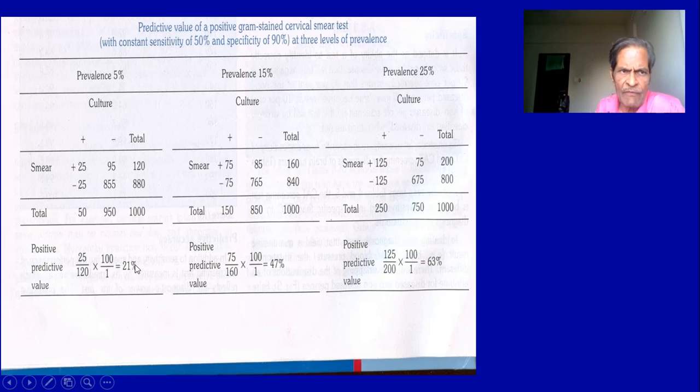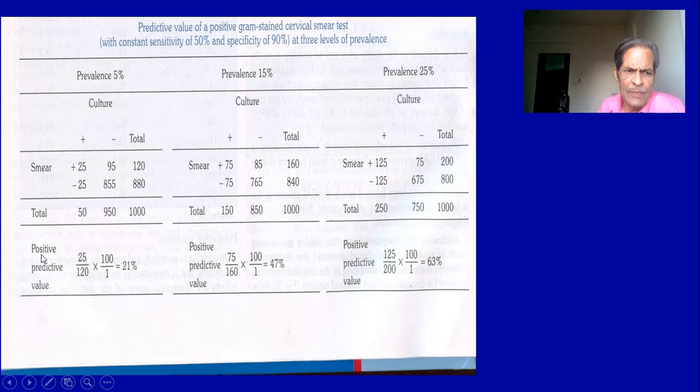This is an example wherein we have calculated the predictive power of the test, where the sensitivity of the test was 50% and the specificity was 90%. In all these three instances, this is example number 1, this is example number 2, and this is example number 3, the test had a sensitivity of 50% and a specificity of 90%.